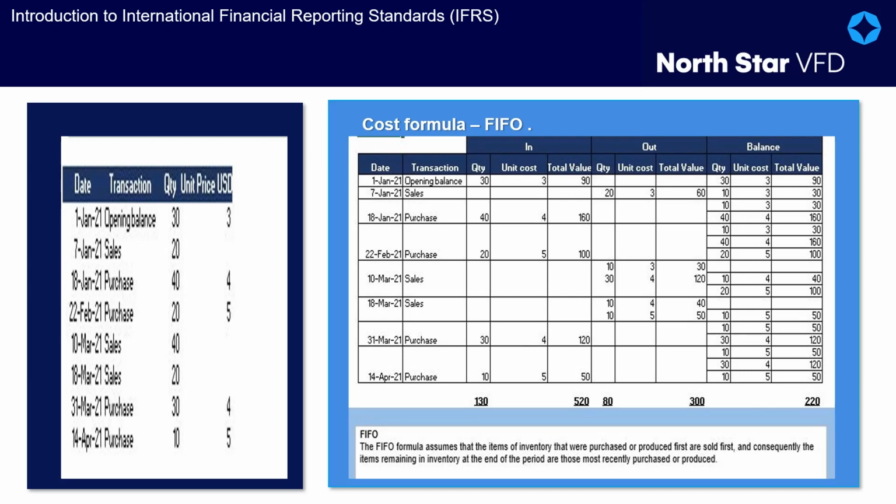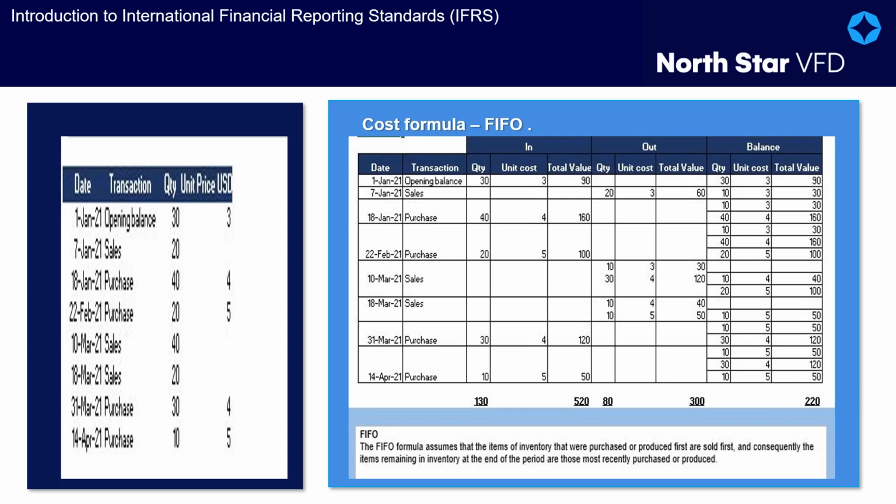On the 18th of January, there is a further purchase of 40 units of the same inventory item at the rate of $4. Again on the 22nd of February, another purchase of 20 units of the same item at the unit rate of $5. On the 10th of March 40 units of the inventory item are sold. Under the FIFO method, it is assumed that when inventories are sold or used in a production process, the oldest are sold or used first.